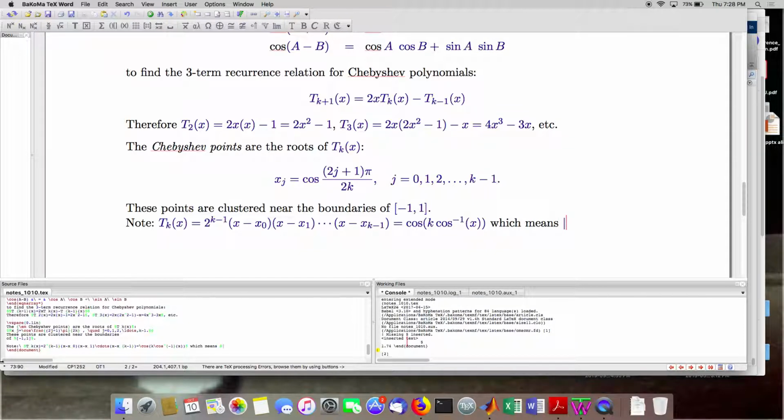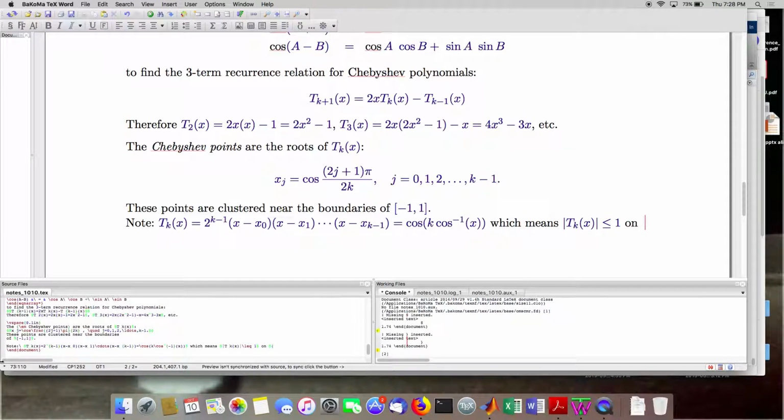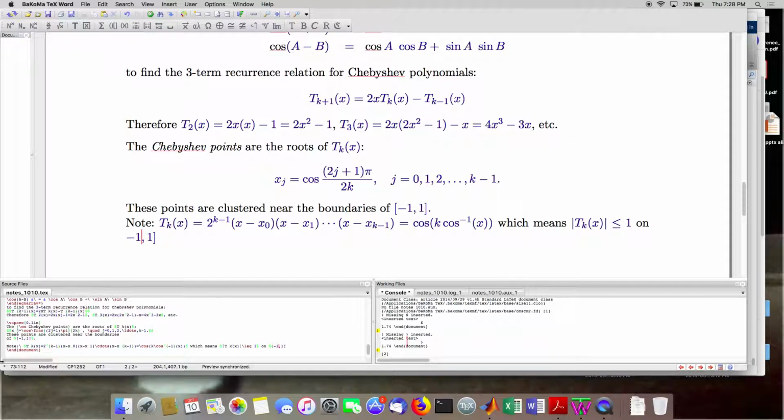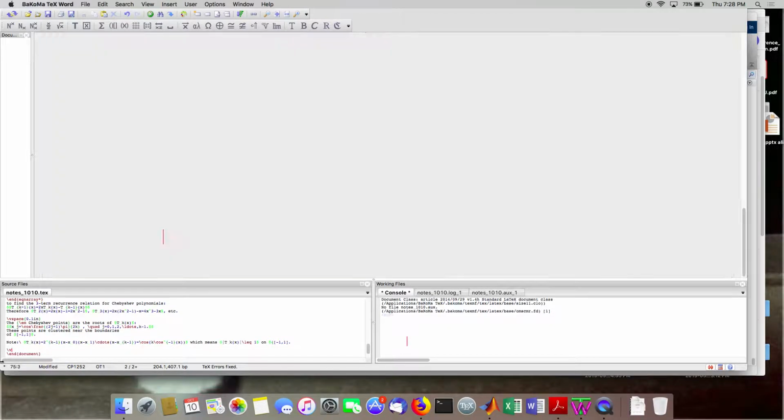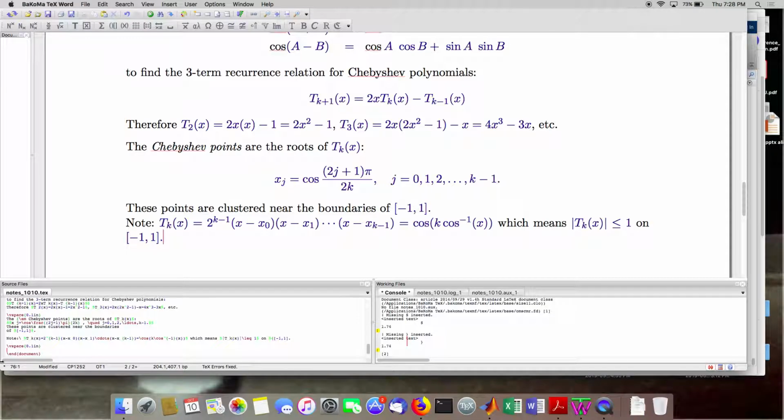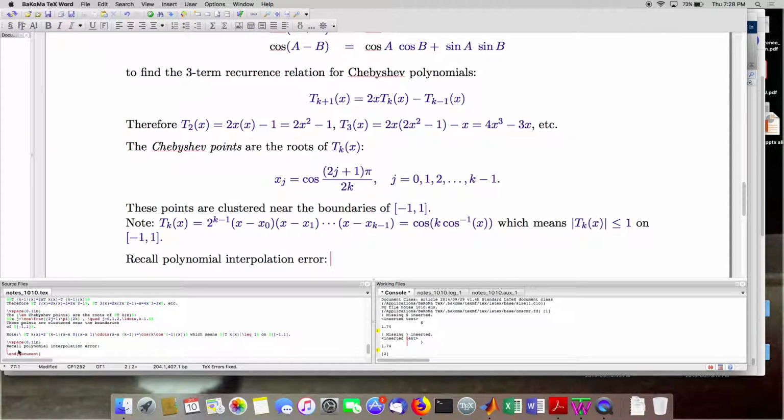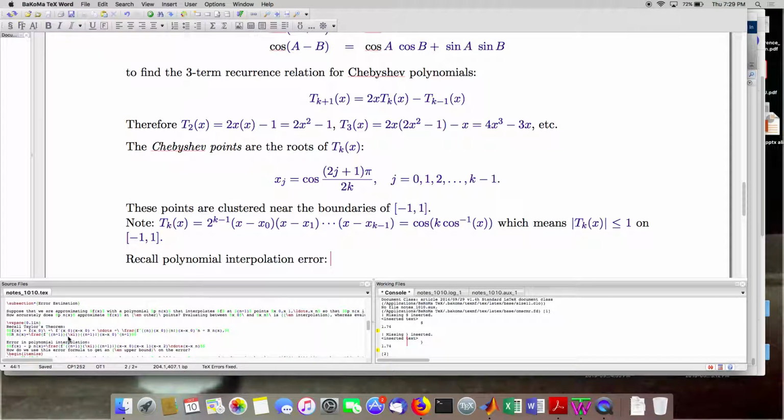So, because it's a cosine, T_k of x is less than or equal to 1 in absolute value on this interval minus 1 to 1. So here's a key point right here. Polynomial interpolation error. And I'll be lazy and copy and paste it from above.